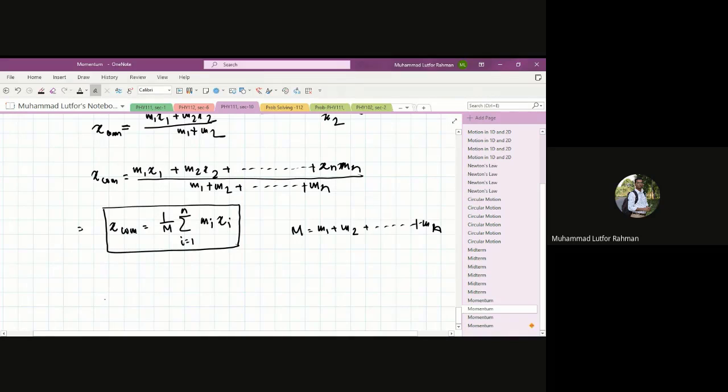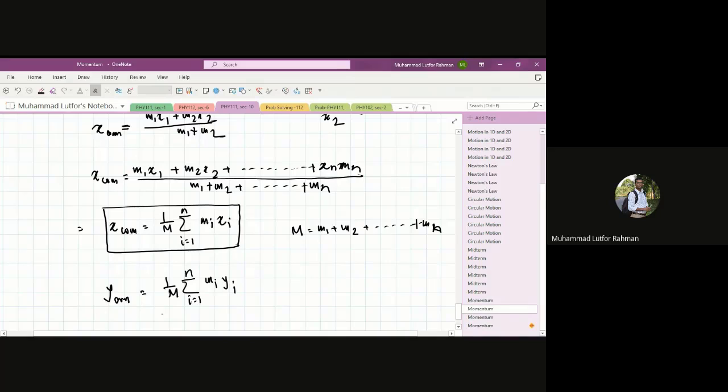In that case, ycom we can also write down as 1 over M times the sum, i equal to 1 to n, of mi into yi.